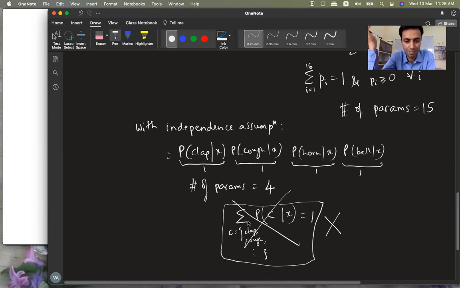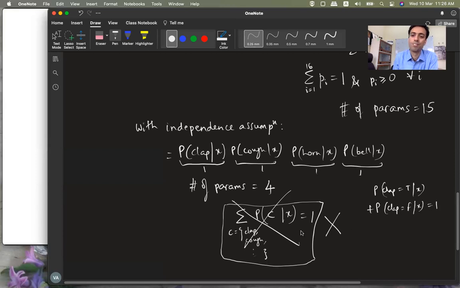These are independent distributions, but you can say probability of clap equal to true given x plus probability of clap equal to false given x, this condition holds. That is why instead of 2 parameters, we have 1 parameter here.